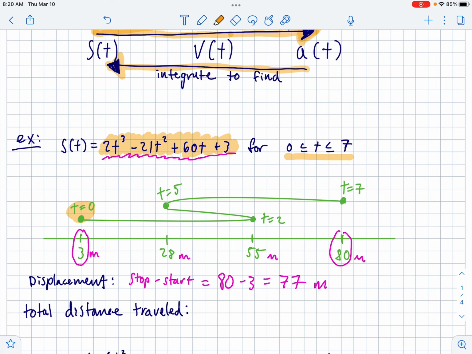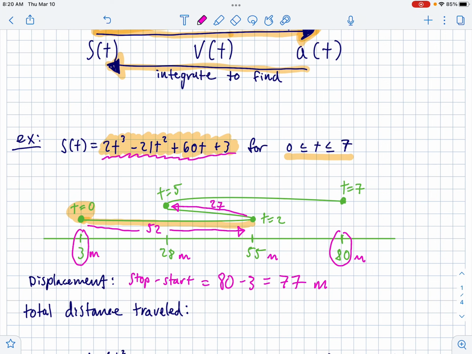Now, total distance traveled is a little bit different because you have to include all the distance it goes until those turning points. So from time 0 up to time 2, this is a distance of 52, which is 55 minus 3. So this is 52 going this way. Then it turns around and goes from 55 to 28, which is a distance of 27.